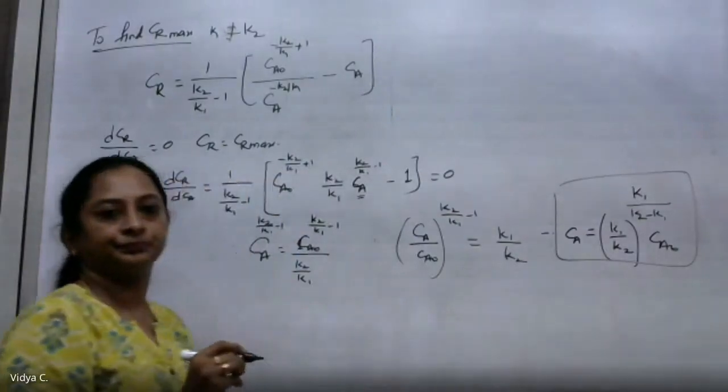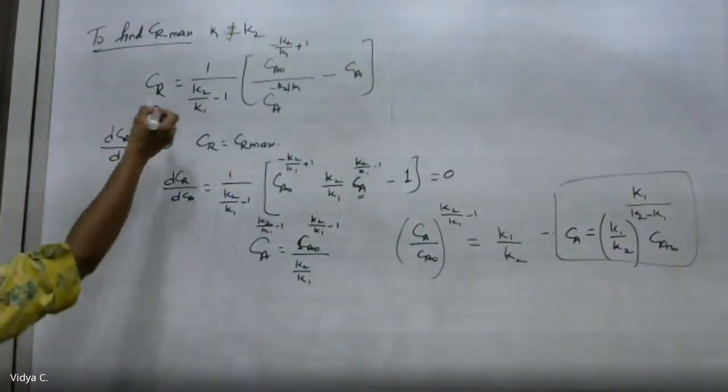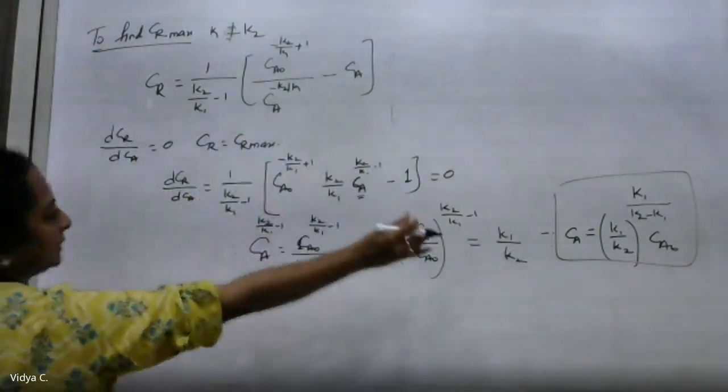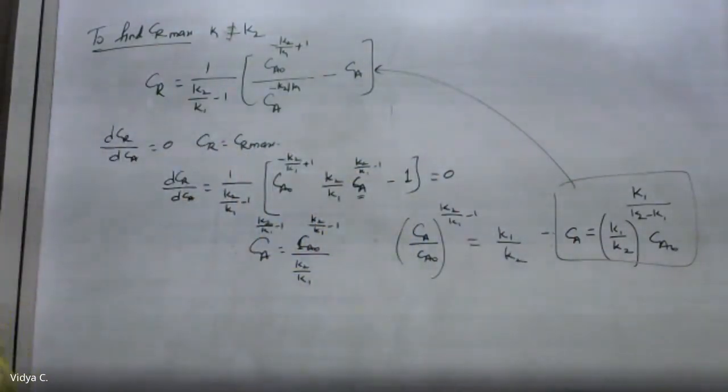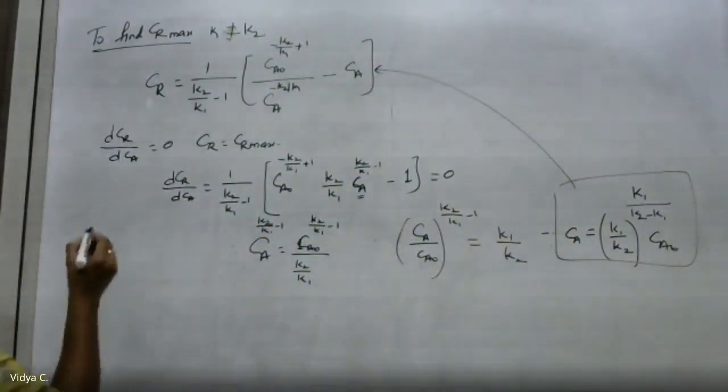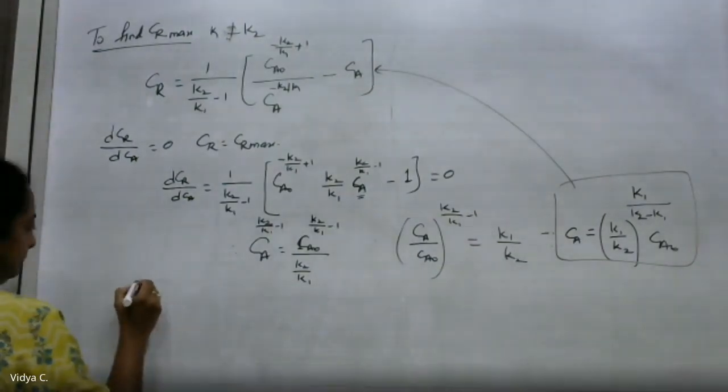Simple. Now I'll substitute the value of CA in this equation to get CR max.